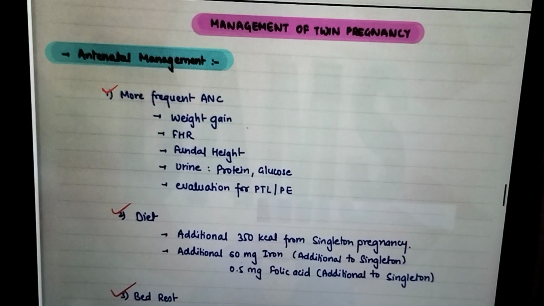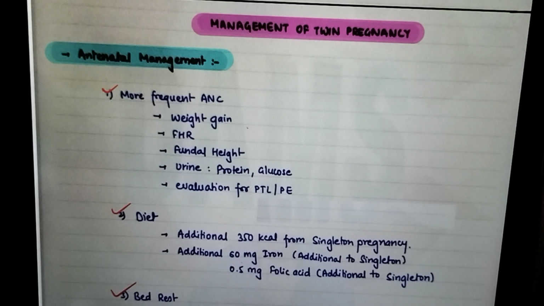Now the management of twin pregnancy. First is antenatal management. We have to do more frequent antenatal visits. We have to check for weight gain, fetal heart rate, fundal height. Urine should be estimated for protein, glucose.